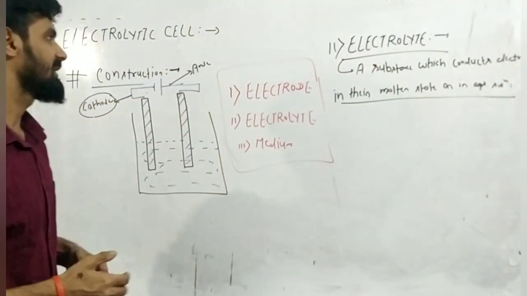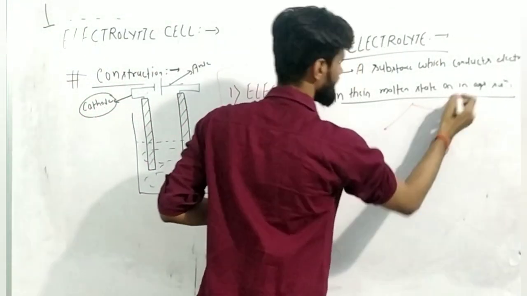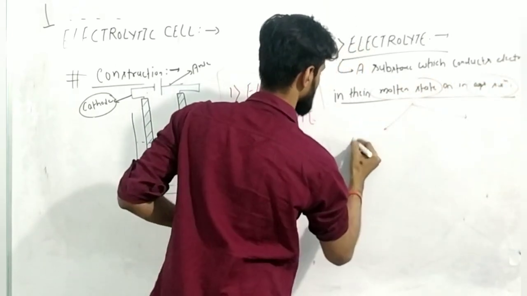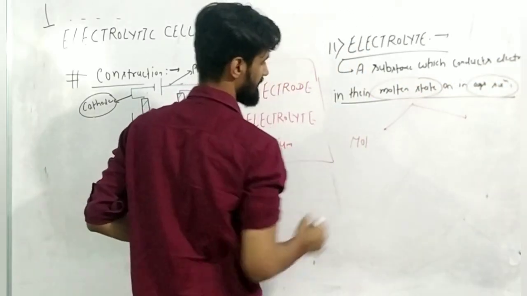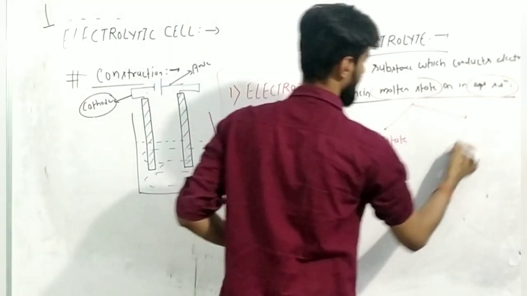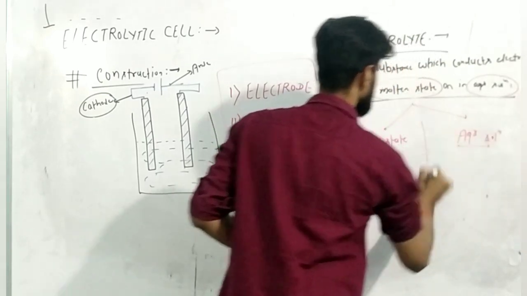Okay, you can define the electrolytes in this way. So understand two things. I have written two things, that is, one is molten state and one is aqueous solution. So I am defining it in a very concise way: molten state and aqueous solution. So these two things are different.